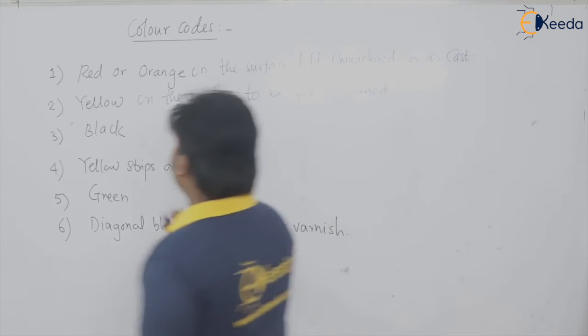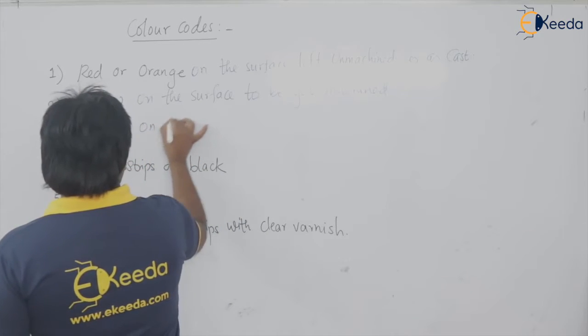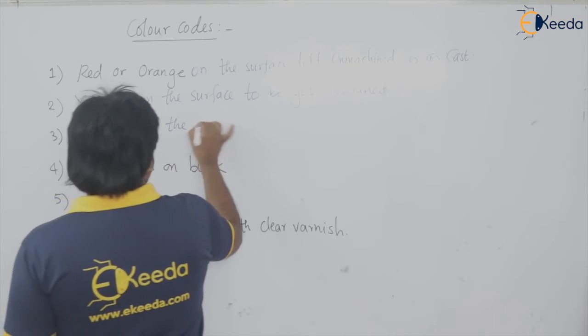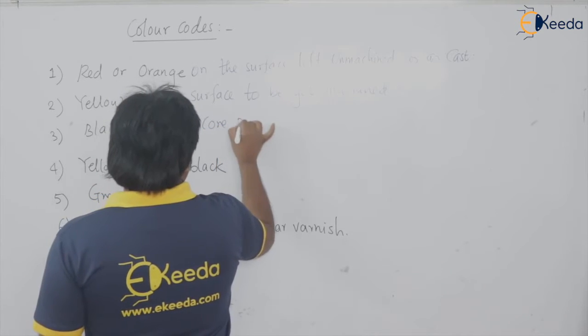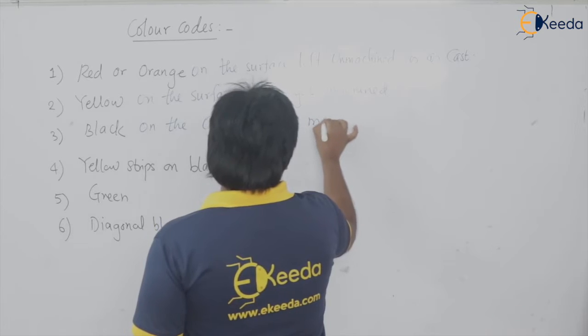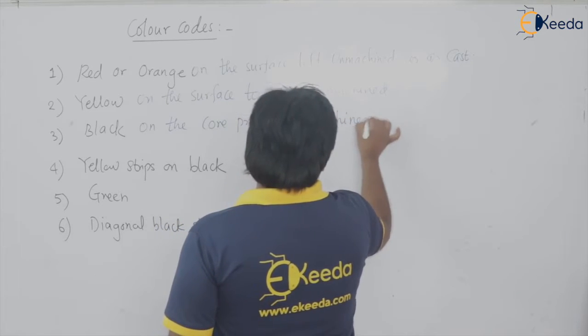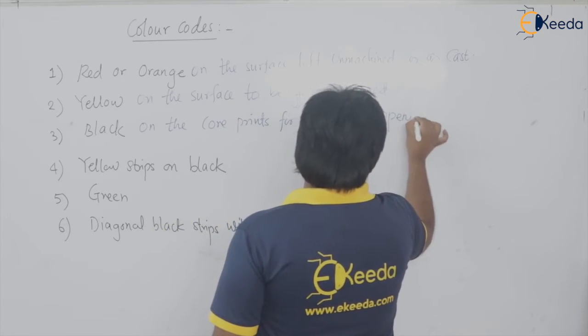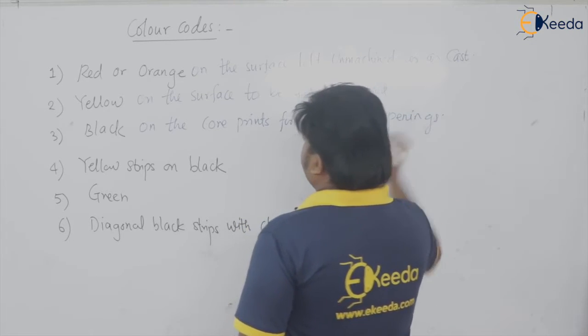Now the black color. Black is on the core prints for machined openings. These are used for the core prints.